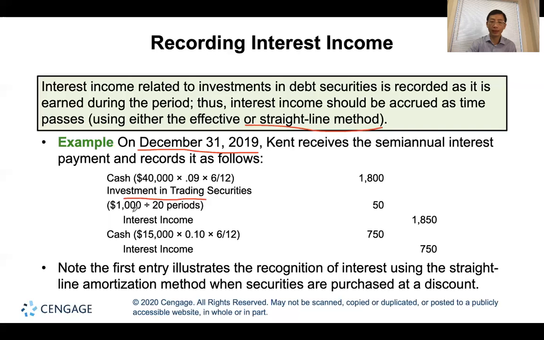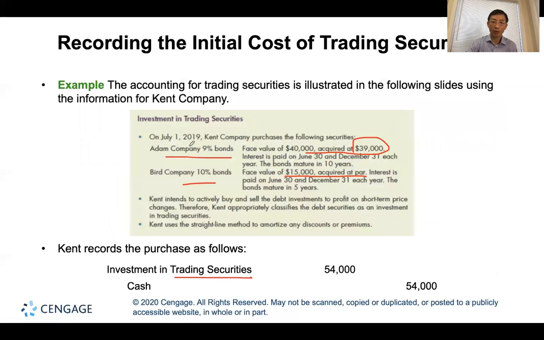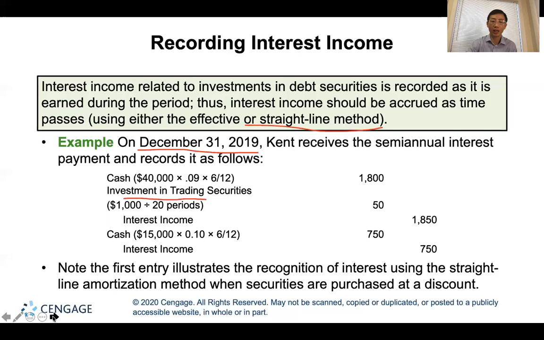So in this year, this half year, because the bond was bought on July 1st, and so December 31st is half year. So we need to amortize the discount. And in this period, the discount is $50.